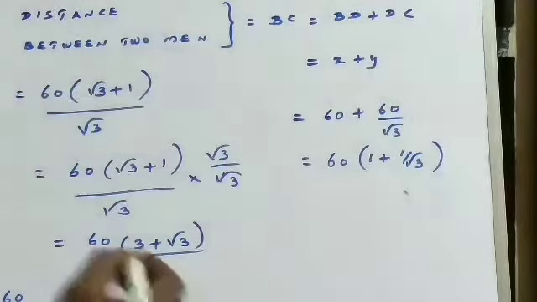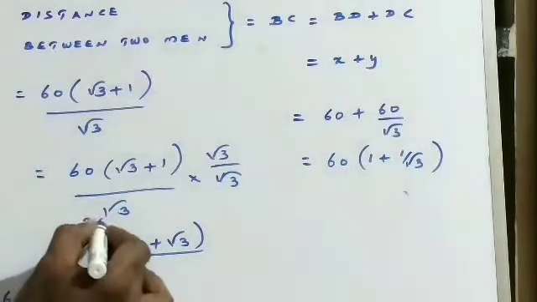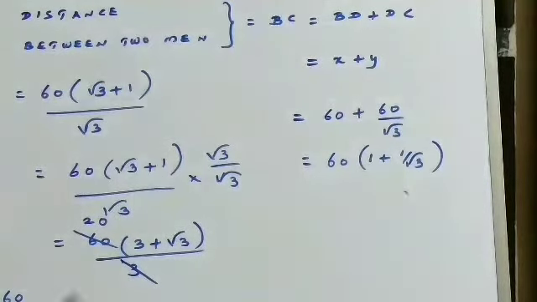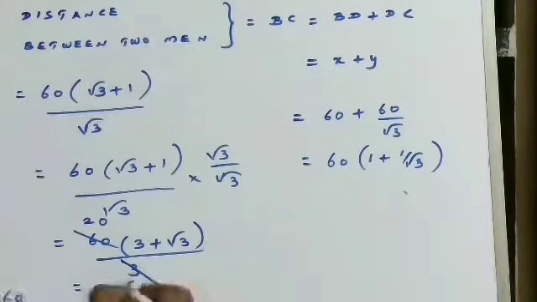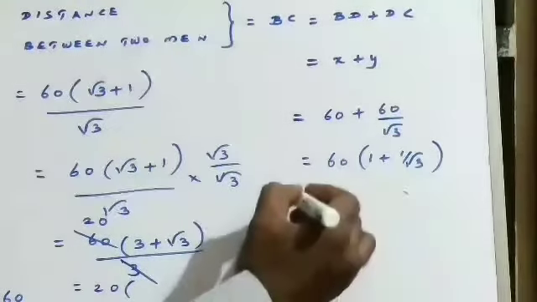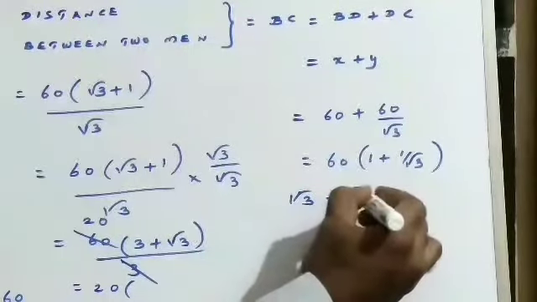Now we can cancel 60 and 3. 2 3s are 6, put 0. 20 into 3 plus root 3. The value of root 3 is 1.732.